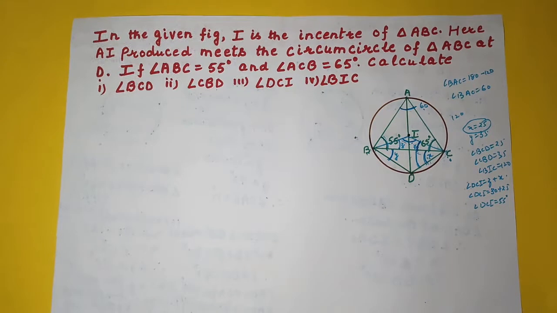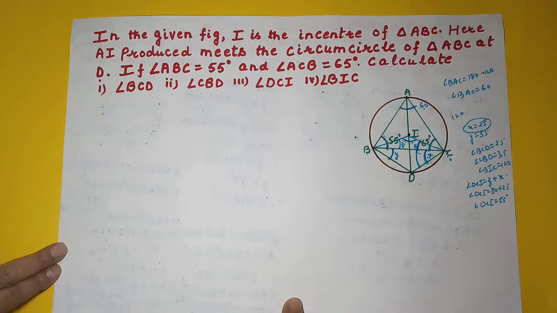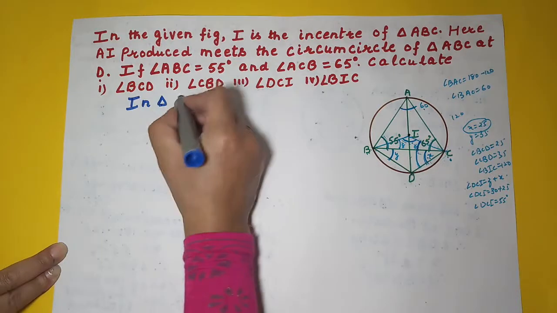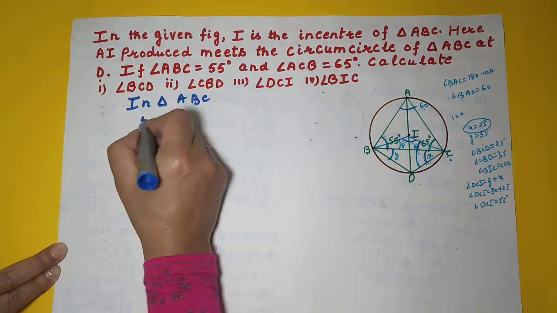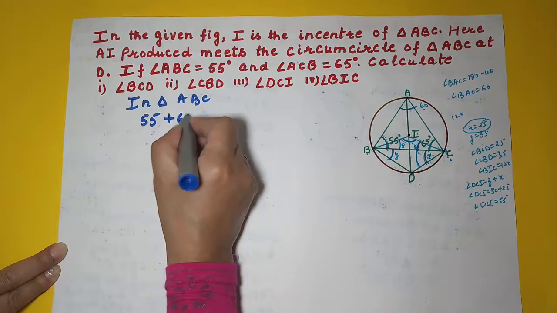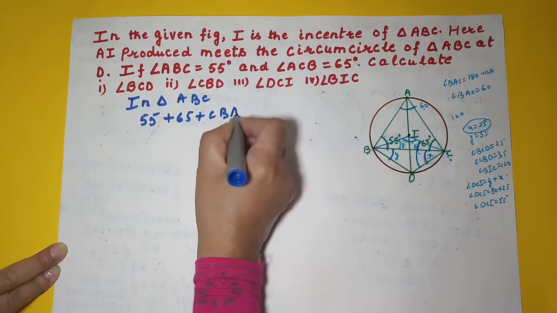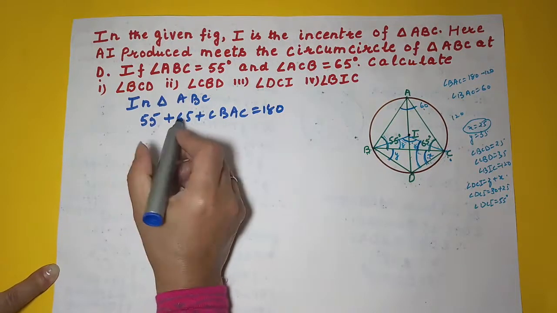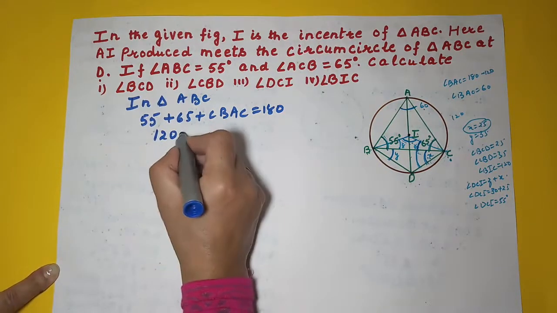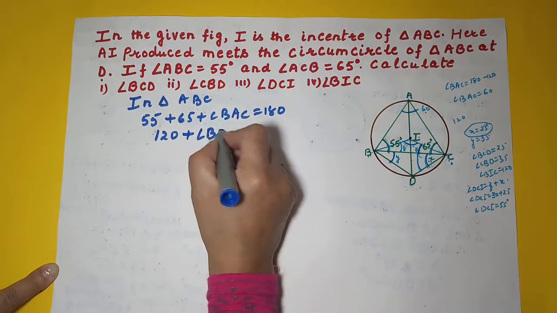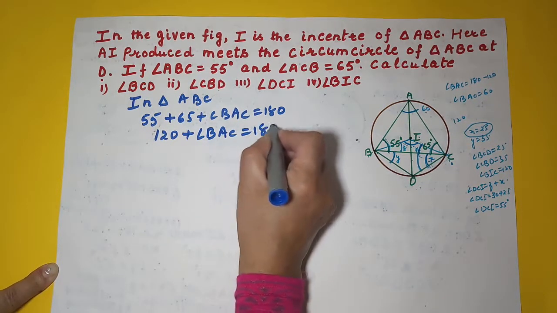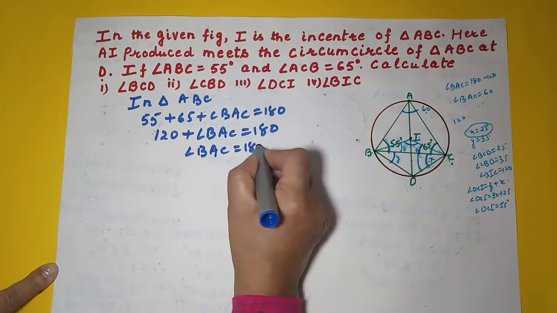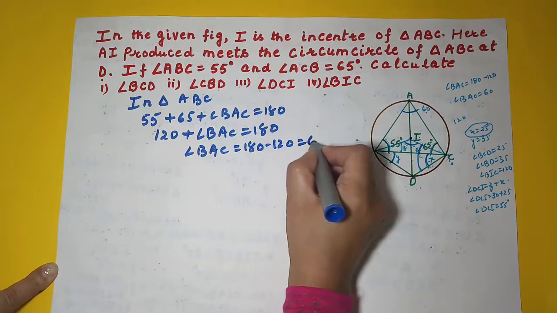So let's write it now. How do I write this? I will write in triangle ABC, 55 plus 65 plus angle BAC equals 180. 55 plus 65 is 120, plus angle BAC equals 180. So that gives me angle BAC as 180 minus 120, which is 60.